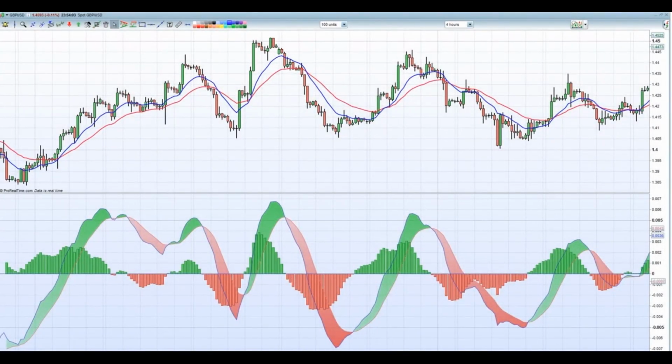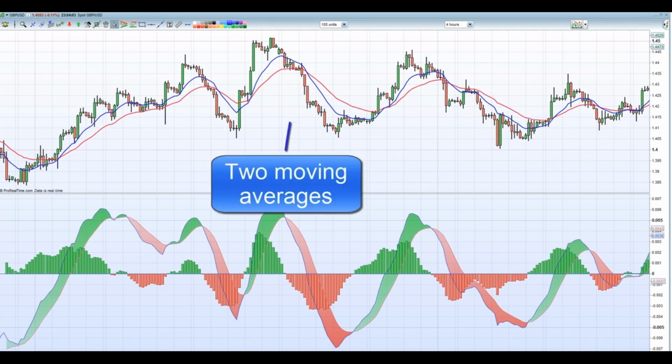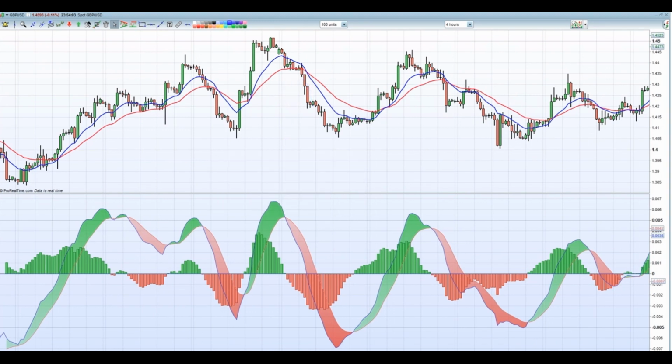Indicator 2, MACD. The moving average convergence divergence is one of the most well-known and used indicators in technical analysis. This indicator is made up of two exponential moving averages which help measure momentum in an instrument. These moving averages and the changing distances between them become the MACD. Convergence simply means the moving averages are moving closer together, and divergence simply means they are moving away from one another.